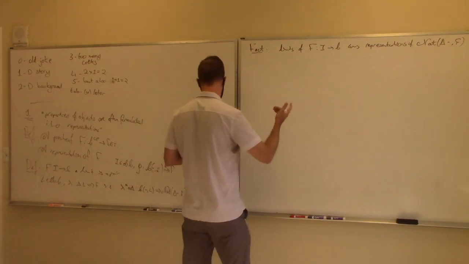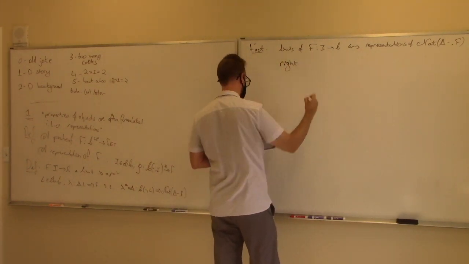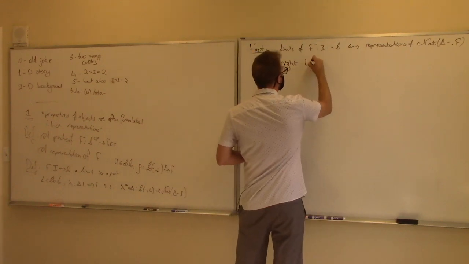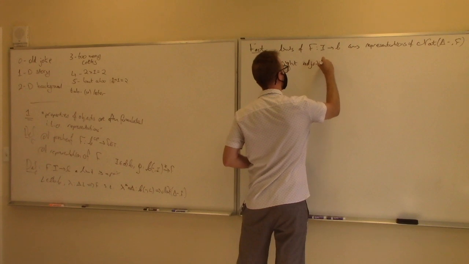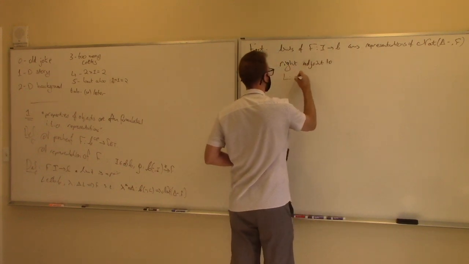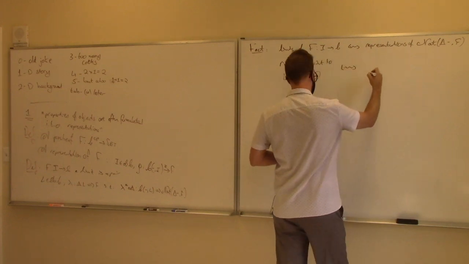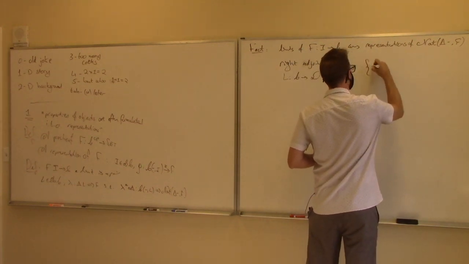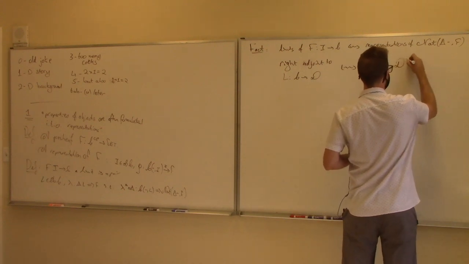I'm not going to recall what an adjunction is, but assuming some familiarity with that, a right adjoint to L from C to D is the same thing as a family of representations of these functors.